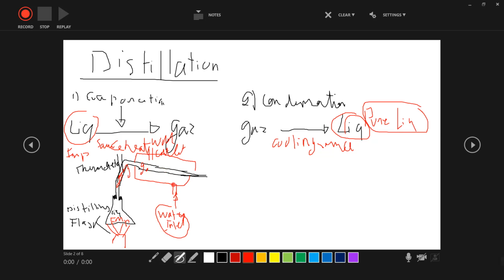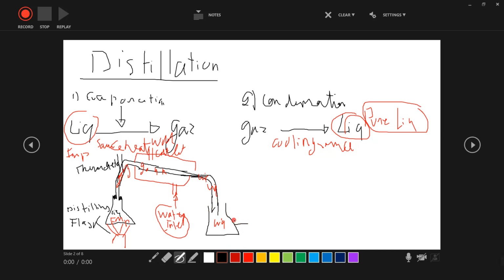This cooling water will convert this gas into what? Into liquid, and I will receive this liquid here. So gas, when it is in contact with this cooling water, will be converted into liquid, and the liquid will be received here in a certain flask.